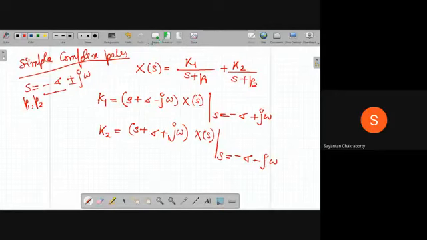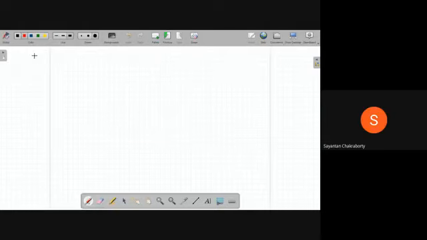Now let us check if I can help you in solving this sort of equation having complex conjugate poles. There are other methods. Suppose your X(s) is given as (2s plus 12) divided by (s square plus 2s plus 5). Now find x(t).